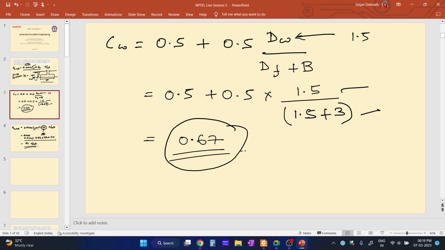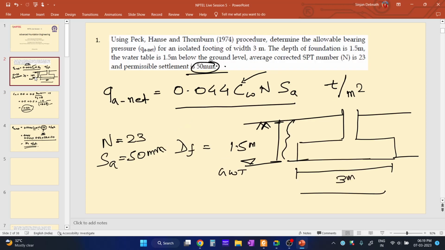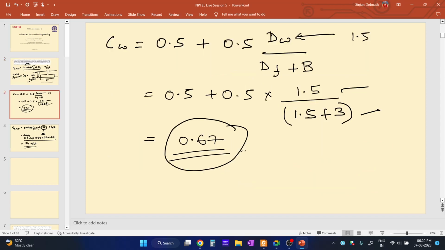So that is 0.5 plus 0.5, and DW, what is DW? It is the depth of the water table. See in this diagram, the depth of the water table lies over here. So the depth of the water table is 1.5 meter, and the depth of the footing is also 1.5 meter. So the water table lies at the base of the footing.